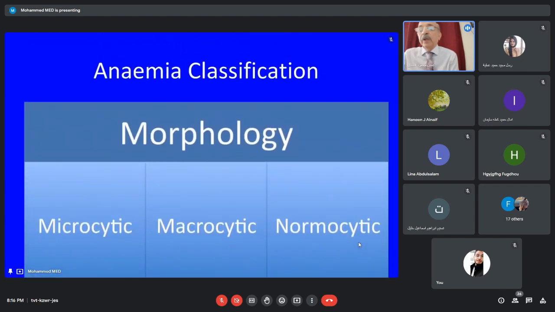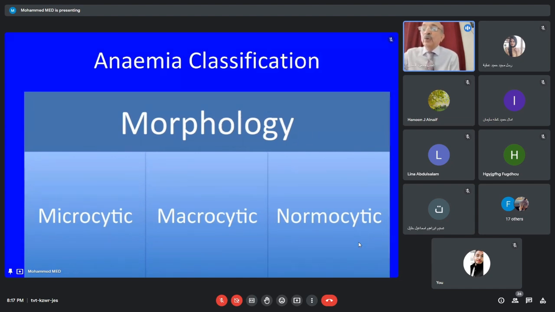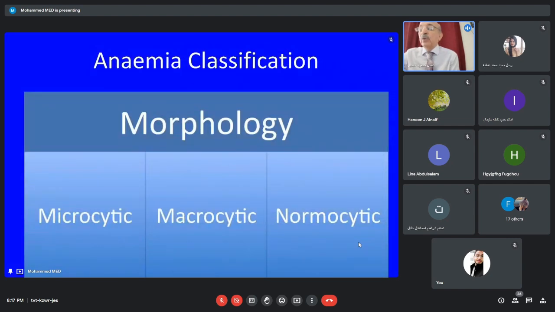We have seen this slide before. This is a classification of anemias. I remind you again, the anemia may be microcytic, macrocytic, or normocytic, and I will say this should always be the first question you ask yourself whenever you find an anemic patient: what type of anemia is this? Next slide, please.